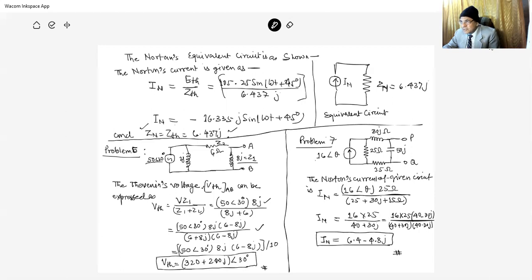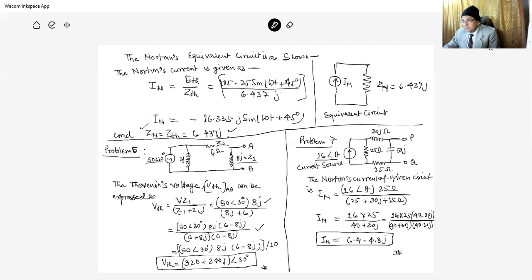Now problem 7. The Norton current of the given circuit is IN, which is 16 angle theta. This is the current source, and this current is flowing through 25 plus 30 j and 15.